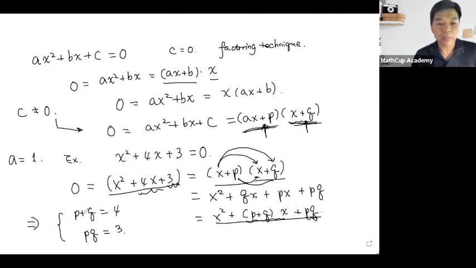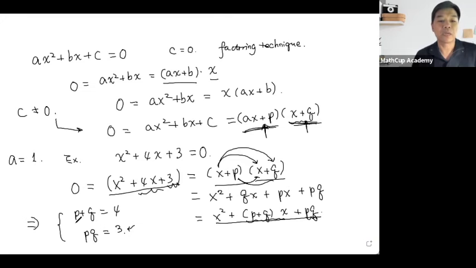Now let's look at p plus q equals 4 and pq equals 3. Can we spot simple solutions? We're only searching for solutions where p and q are both integers. Because 3 is a prime number, there are very limited factorings of 3: 1 and 3, 3 and 1, and -1 and -3, -3 and -1.